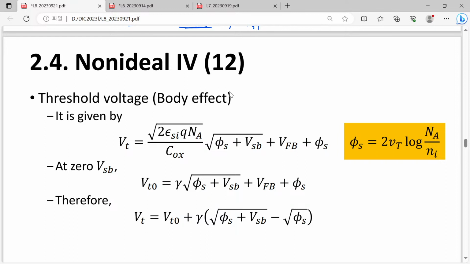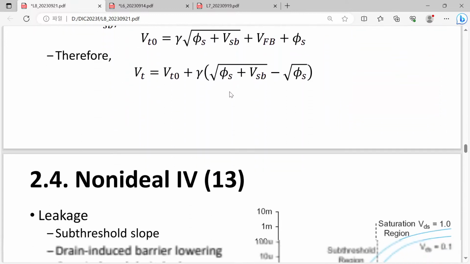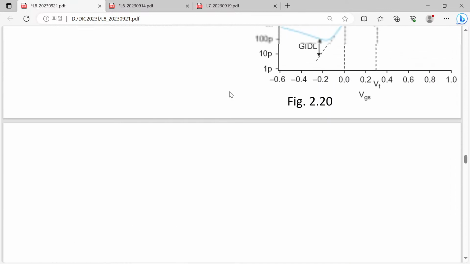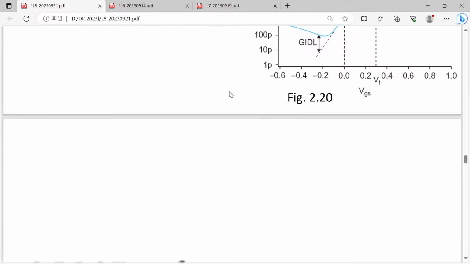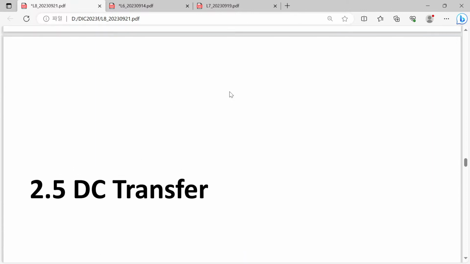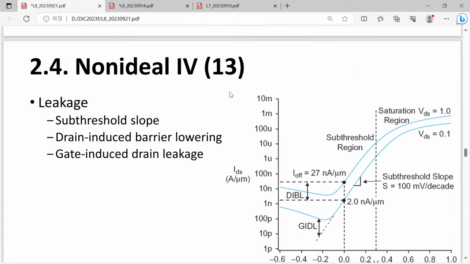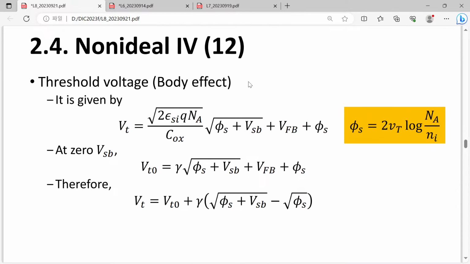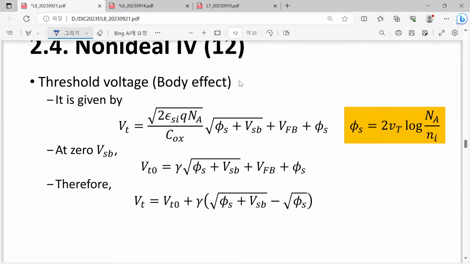Now we have 10 more minutes and we will spend our time to discuss the body effect and finally leakage. Then that will be the end of our lecture, and next Tuesday we will move to the inverter. One is the body effect. Nowadays we have a 3-terminal device, and we have the fourth terminal called the body, or sometimes substrate.